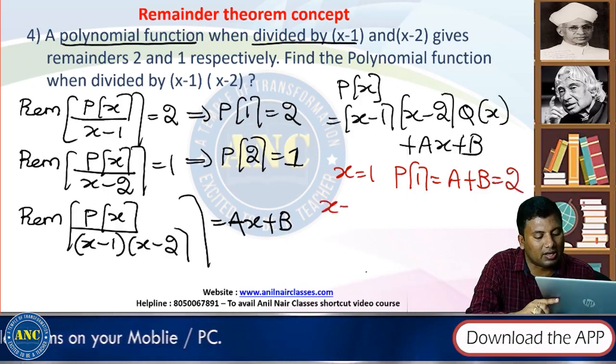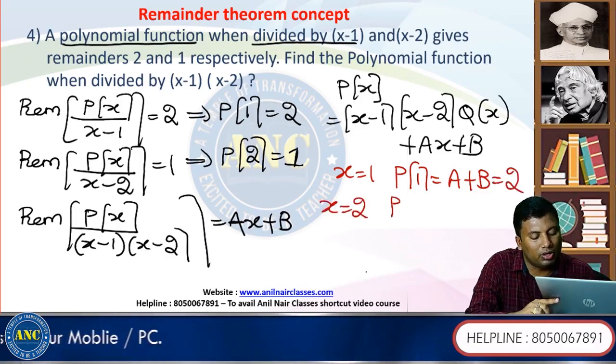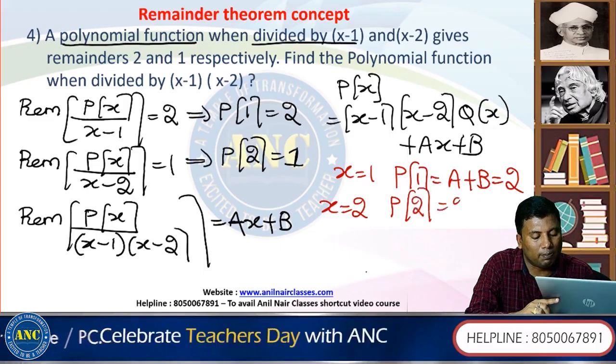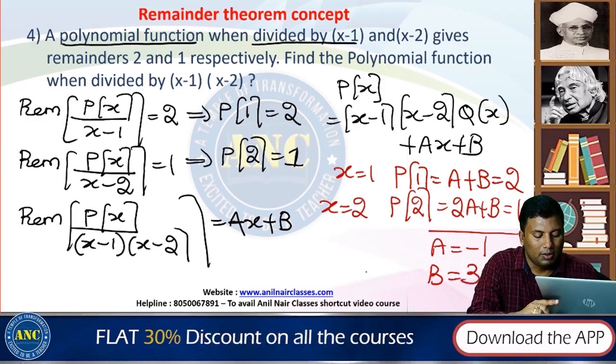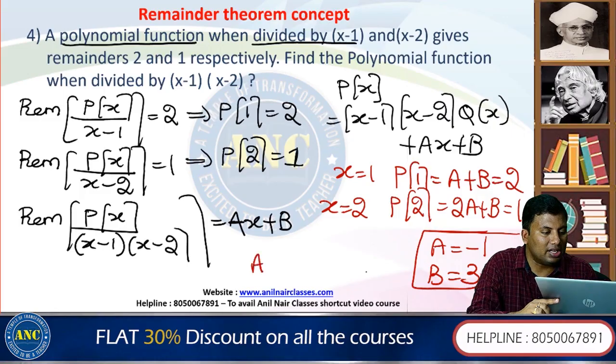If I put x equivalent to 2, p of 2 is nothing but 2a plus b. It is nothing but 1. If I subtract, a equivalent to minus 1, b equivalent to 3. Minus 1 and 3.